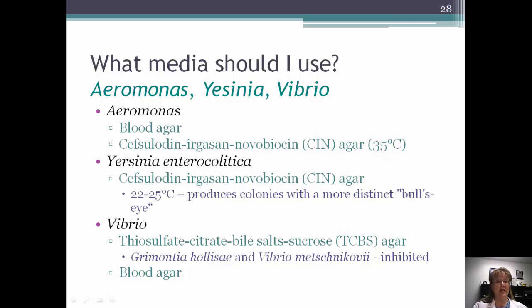And remember that lower temperature incubation, that room temperature incubation, produces a more distinct bullseye-like colony on that media for Yersinia. And obviously for our Vibrio recovery, we're going to be using our thiosulfate citrate bile salts sucrose agar, or TCBS agar. Important to remember that there are a couple of Vibrio species, one that's now in a different genus, Grimontia hollisae, and Vibrio metschnikovii, which can be inhibited on TCBS agar. So again, blood agar would be another possible choice for recovery.